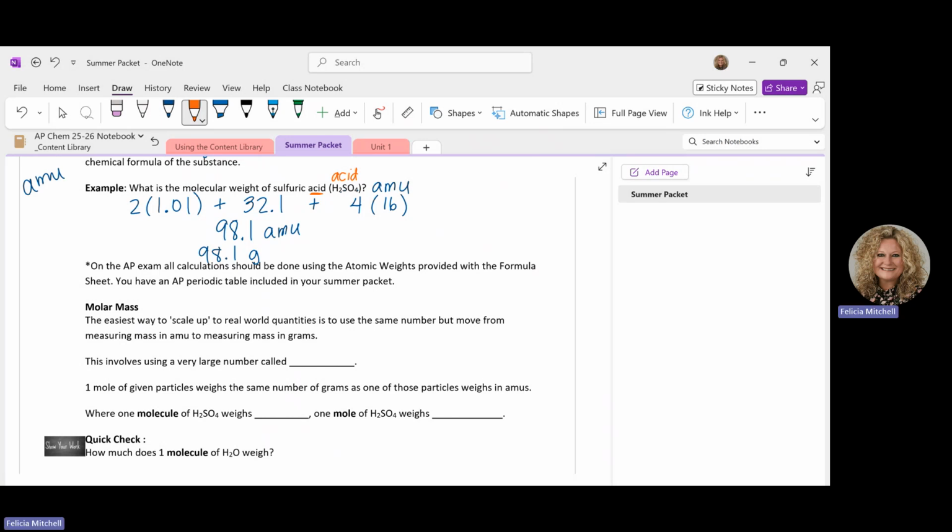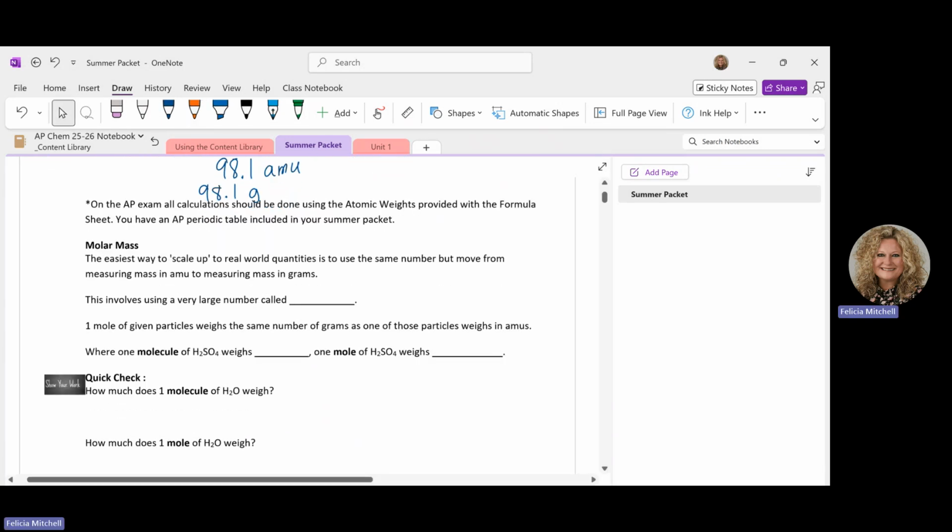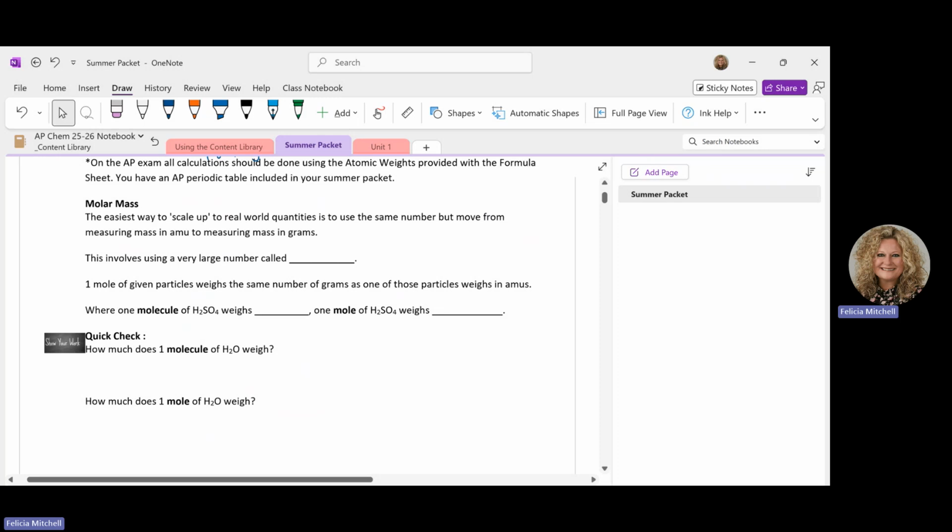So like I said, we will be measuring things in grams, okay? Like it says here, the easiest way to scale up to real world quantities is to use the same number, that number of AMUs, like 98.1, but instead to report it in grams. The reason is that if you really think about what mass is, mass is what's in the nucleus of an atom.